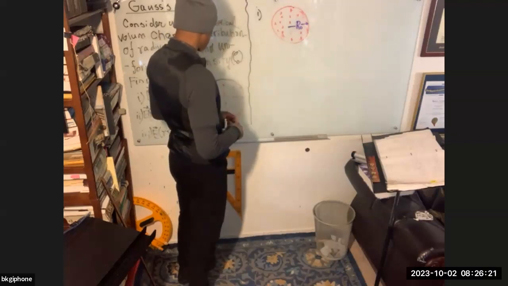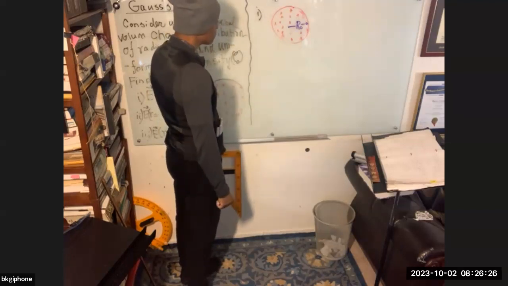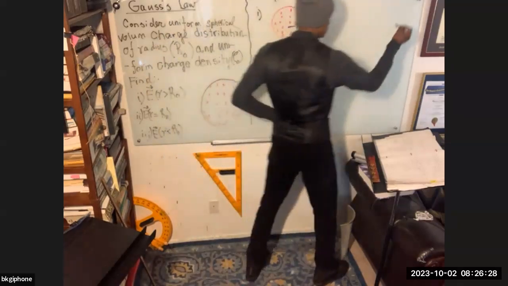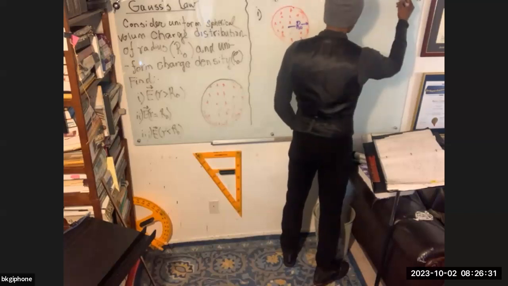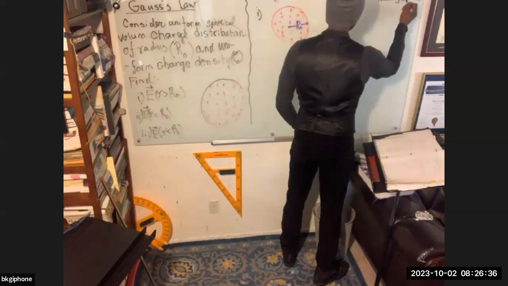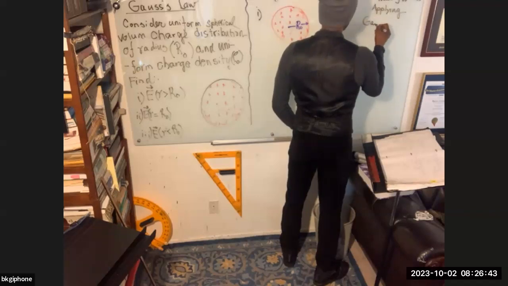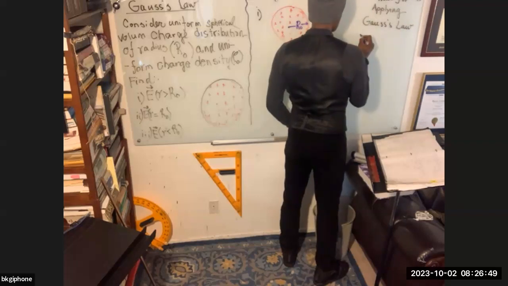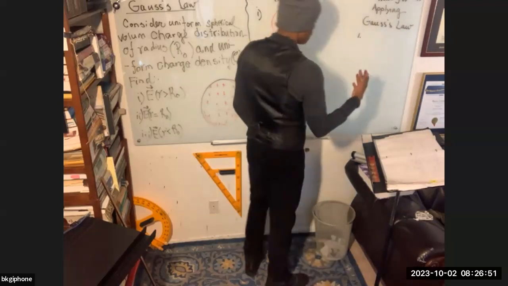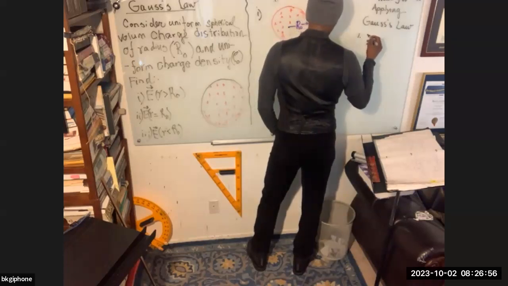We can put out some rules for applying Gauss's law, basically four or five different ones. First, identify the charge distribution.